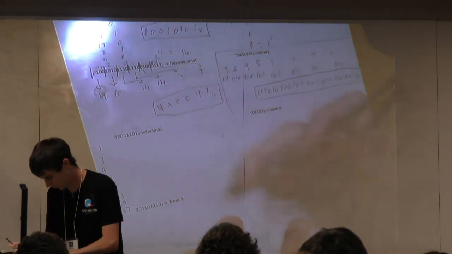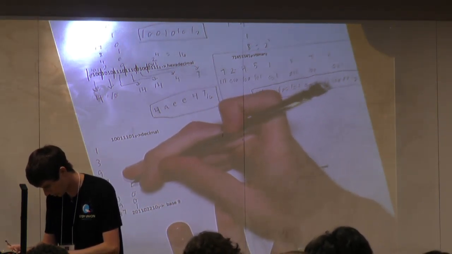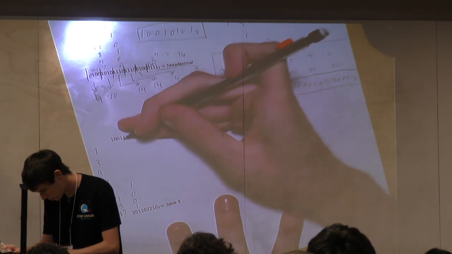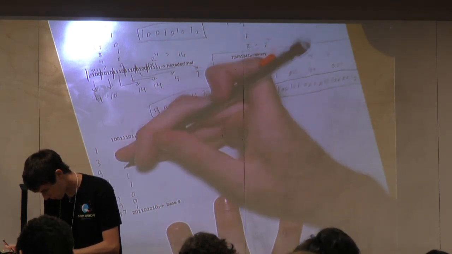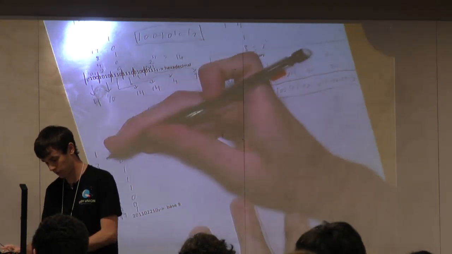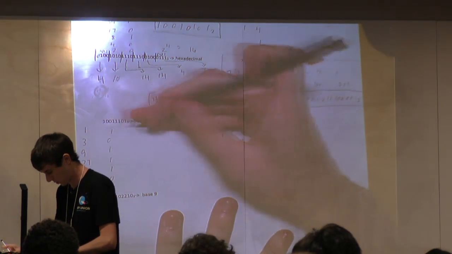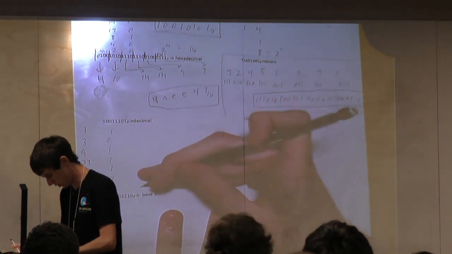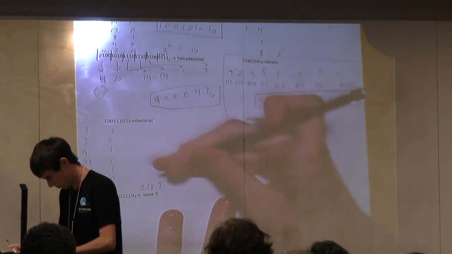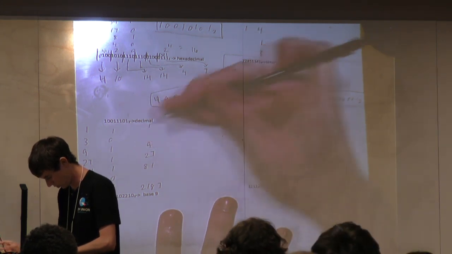So if I write all these and I put the digits up this way, I shouldn't say bits because they're not bits in this case. We know that each of these values can be multiplied by their equivalent in the base. So if I multiply these over, I'll start at the bottom: 2187 plus 81 plus 27 plus 9 plus 1.